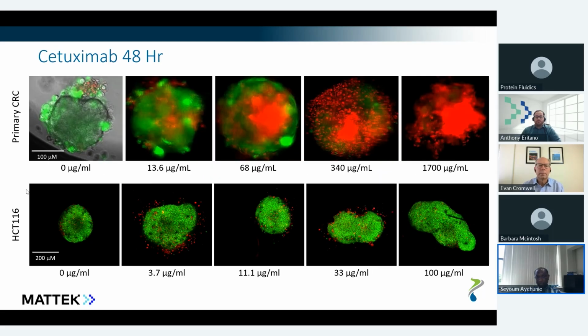And this is a targeted drug, cetuximab, which blocks the EGFR receptor, and as you can see, the cell lines are fine with higher concentration, like 100 microgram per ml. But if we look at the primary tumors, you can see cell death starting from 68 microgram per ml, or 13.6 microgram per ml down. So you can also see here a difference in responses.